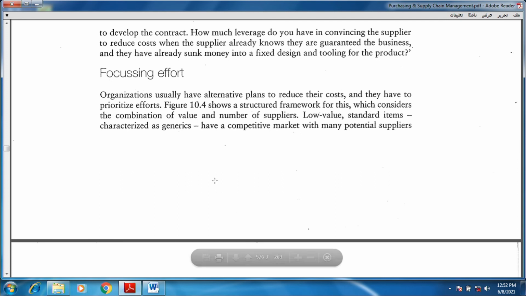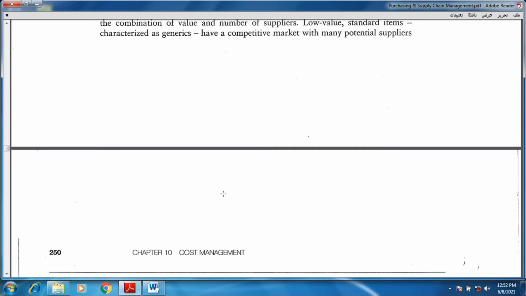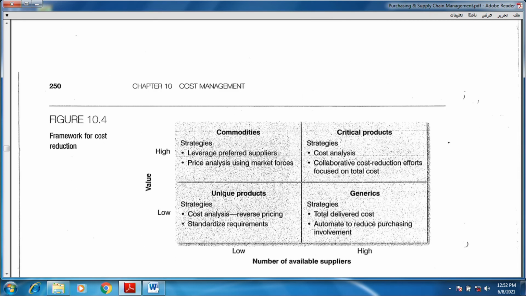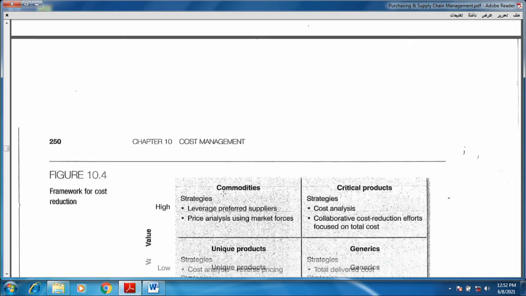Organizations usually try to focus. The third thing that talks about the focusing effort, that we want to focus our efforts among the alternative issues we have. Yes, we have a figure that summarizes how we can focus on some certain items and neglect or minimize our efforts on other items.